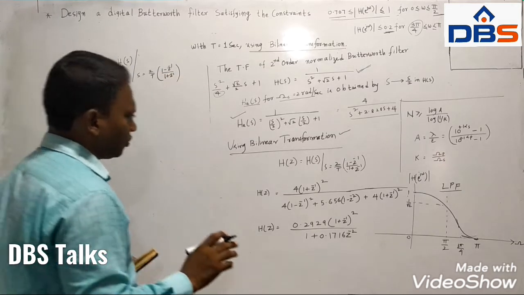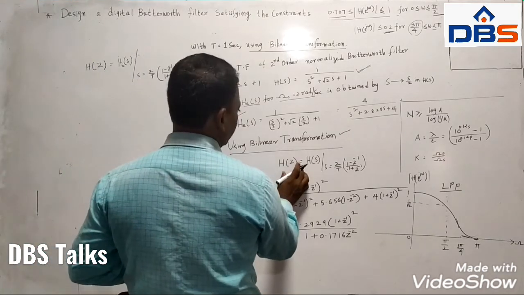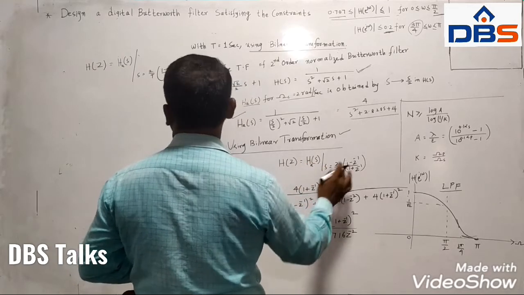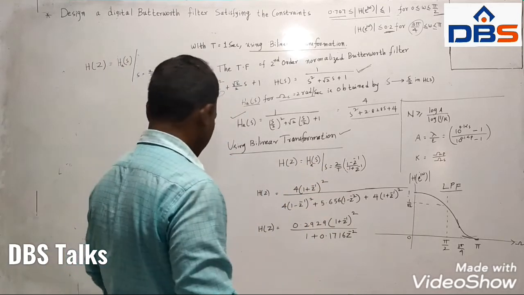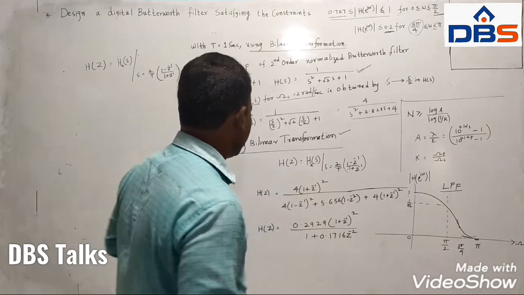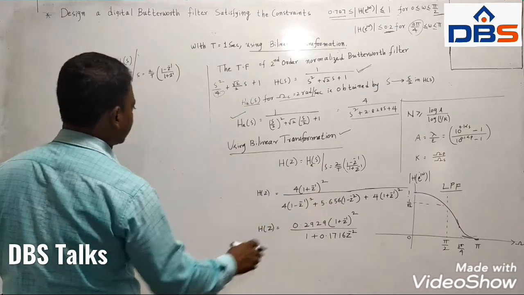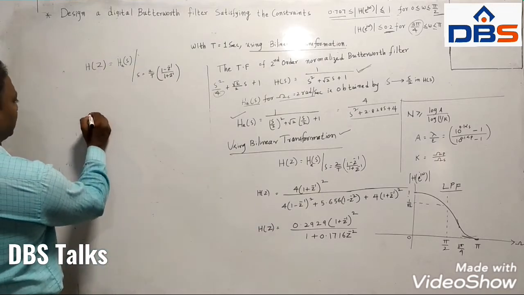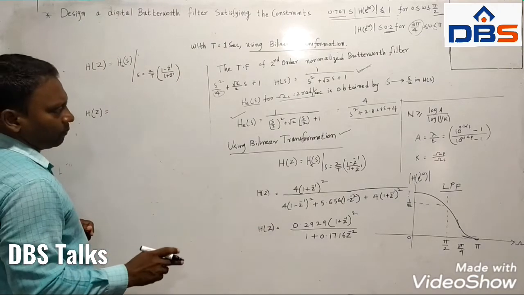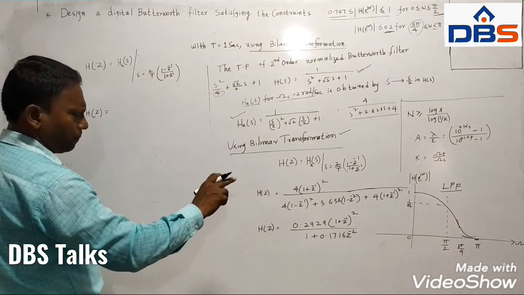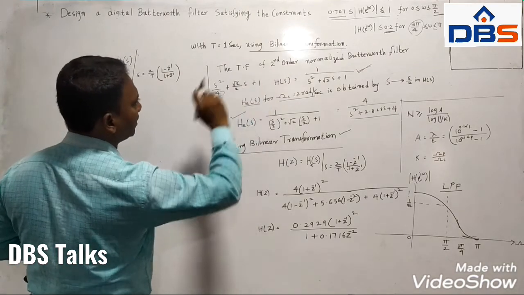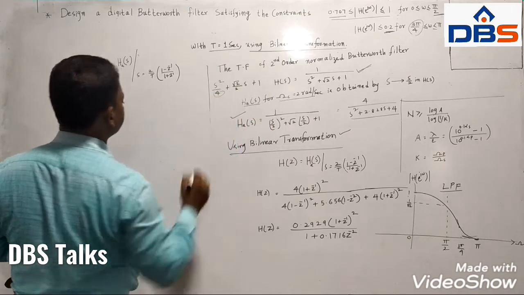That is what I have written here: H of z is equal to H a of s at s equal to 2 by T, 1 minus z inverse by 1 plus z inverse. Wherever s is there in the equation, I will write that. Here the T value is 1; the sampling interval is given in the problem as 1 second.